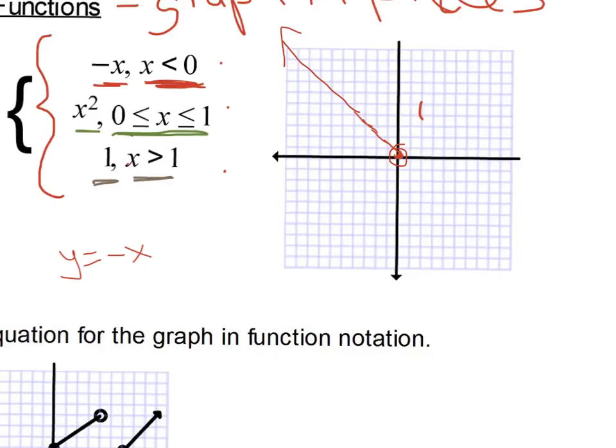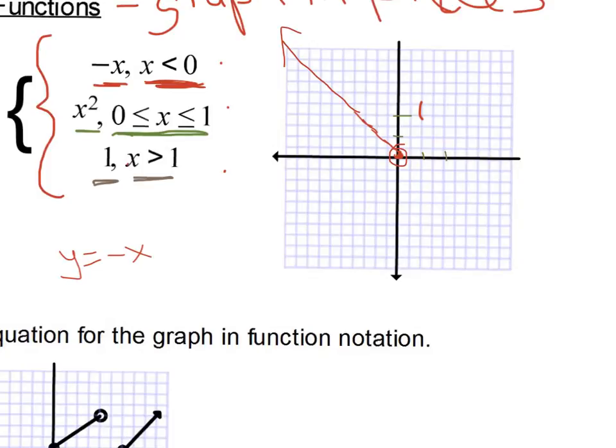Now, it's x squared. Okay, it looks like that parabola between 0 and 1. Well, all right, I'm going to scale my axes just a little bit. Probably should have let you know that beforehand.